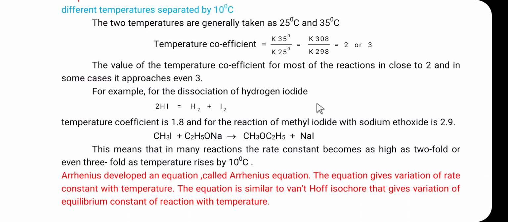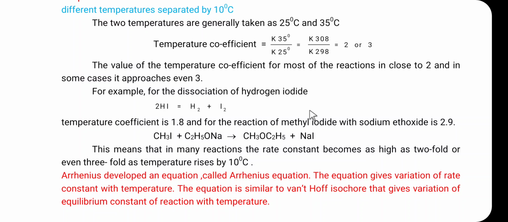The second is that the temperature coefficient fails to explain why the number of collisions in a reaction increases by only 2%, whereas the reaction velocity increases by 100% or 200% or more than 200%. So these are the two limitations of the temperature coefficient.